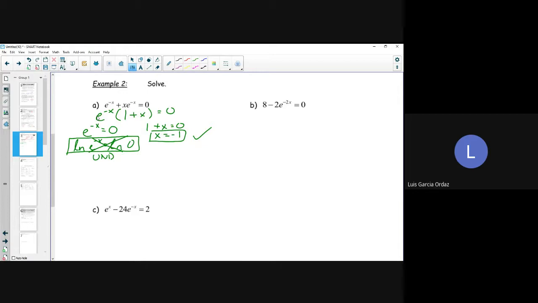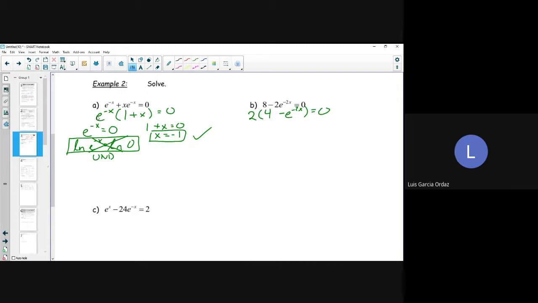So the next one we have is 8 minus 2e^(-2x) is equal to 0. Is there a number that I can factor out from that expression? Two. So if I factor out a 2, I get 2 times (4 minus e^(-2x)) is equal to 0. So now I need to isolate and find my root.